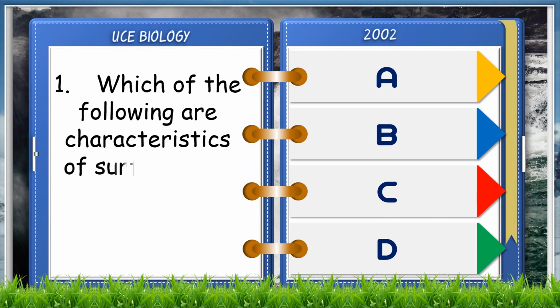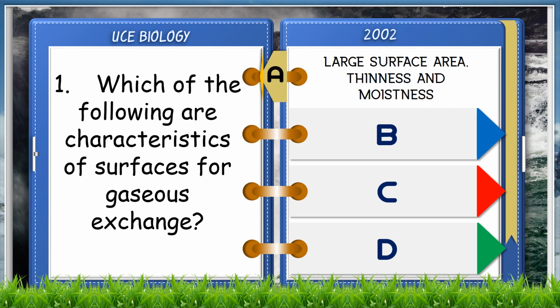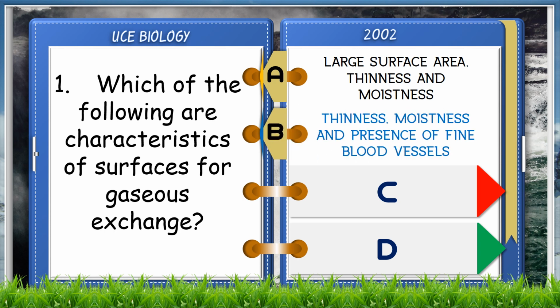Which of the following are characteristics of surfaces for gaseous exchange? A. Large surface area, thinness, and moistness. B. Thinness, moistness, and presence of fine blood vessels.